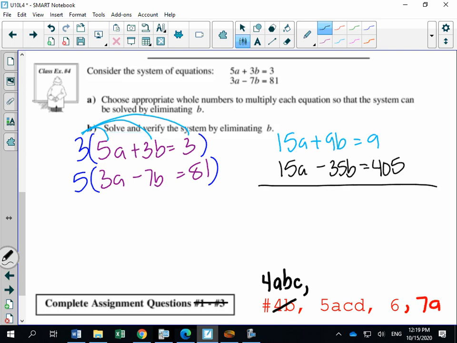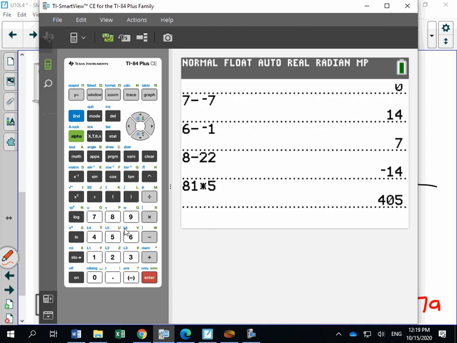Am I adding or subtracting my two systems? Subtracting. Because I got to get rid of those a's. The only way I could get rid of those a's is by subtracting. The a's eliminate. Now it is 9 minus negative 35. So do that on your calculator if you need, right?